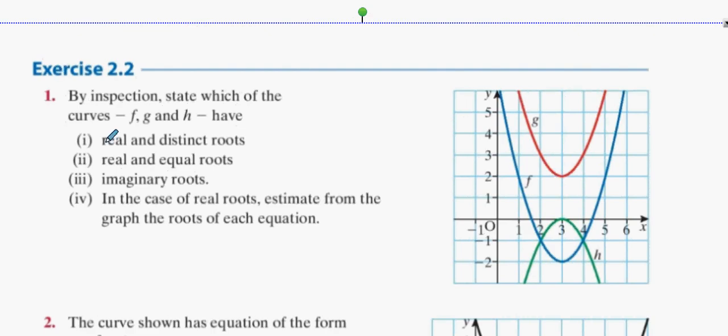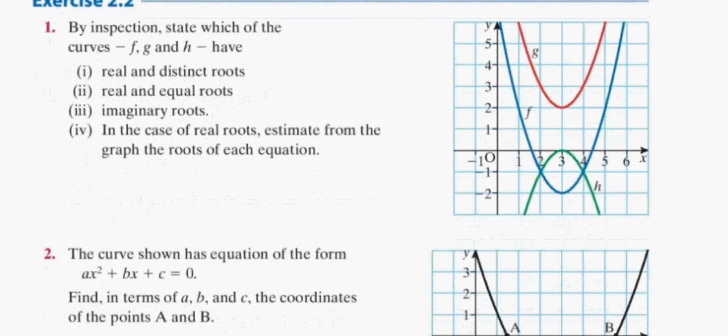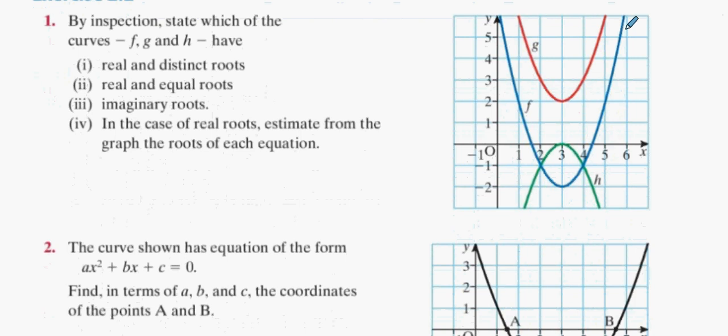Now, if you look at question 1, where is question 1? Here we are. Alright, G is the red one, F is the blue one, H is the green one. Which one has real and distinct roots? Real and distinct mean 2 different real roots. Which colour? Blue. What letter is blue? F. Great. Real and equal roots, which is green.